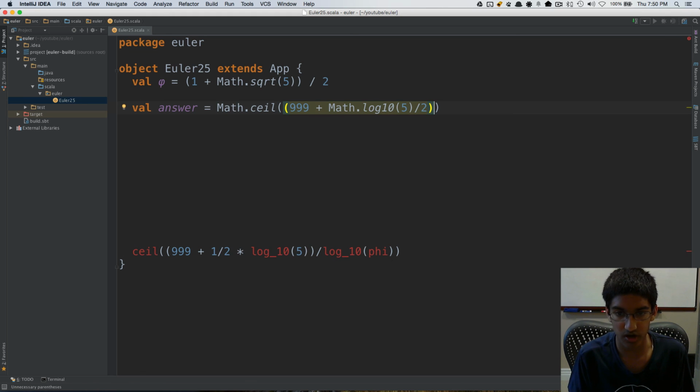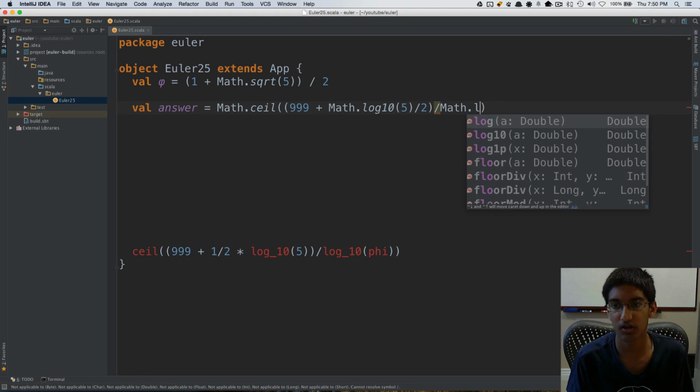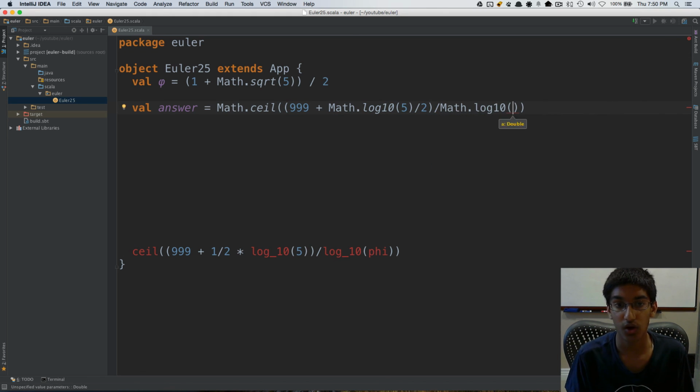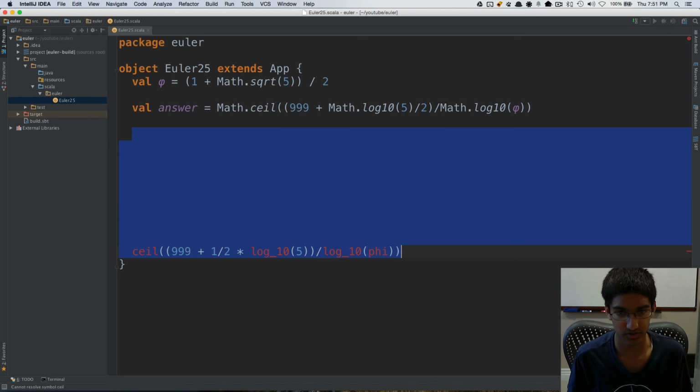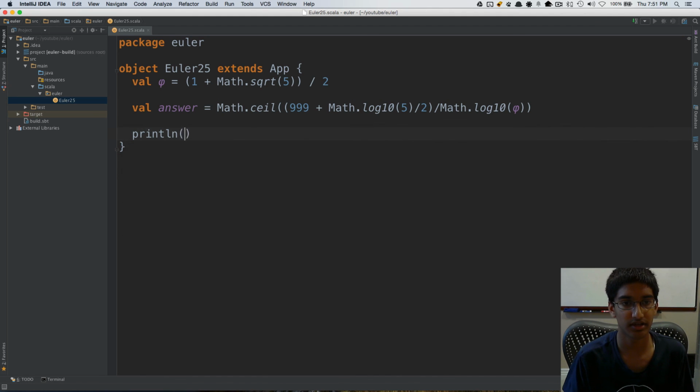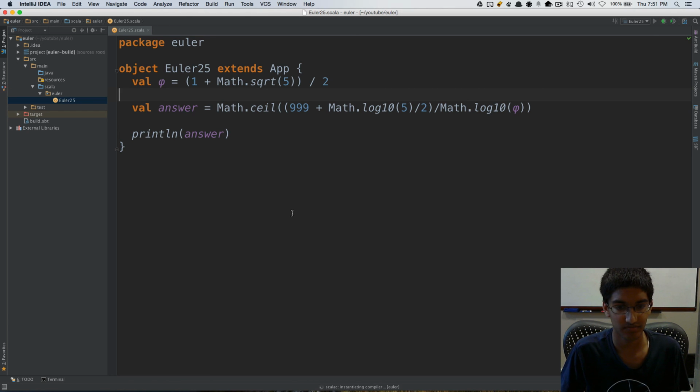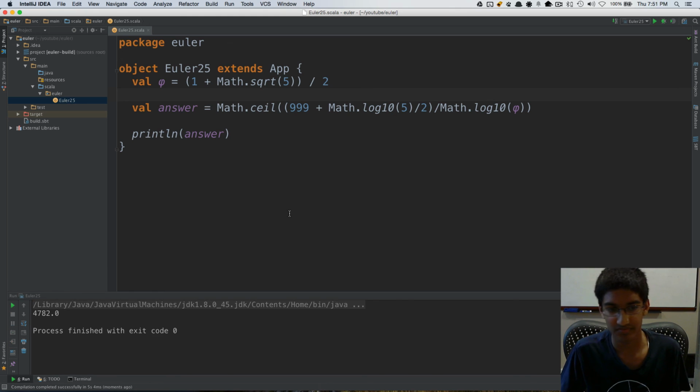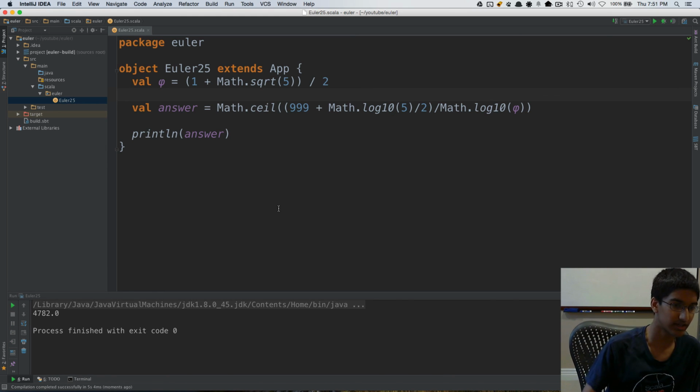Now in our denominator we just have math dot log base 10 of, and we can copy this Unicode symbol because I can't type it in, of phi. And now we can print our answer. Actually go ahead and get rid of this. Println answer. Now we can go ahead and run this. And we get our answer.